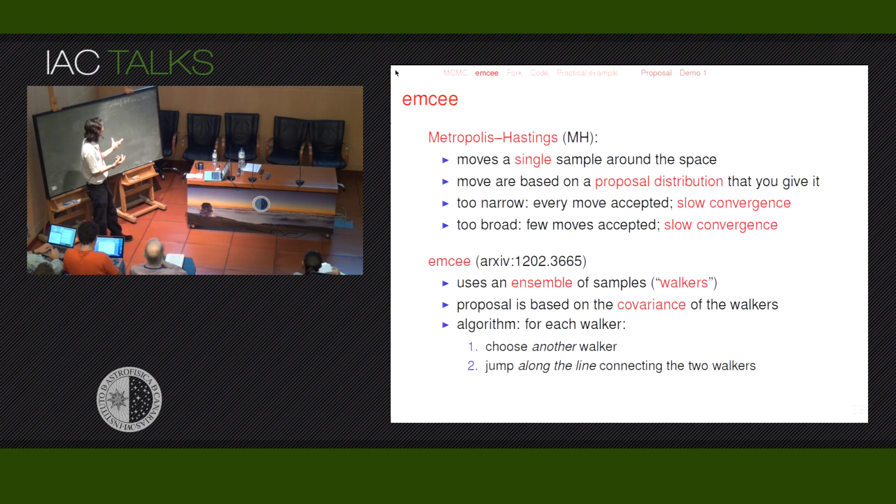So a classic example is if the proposal distribution is too narrow, then essentially most steps will be accepted, and then it just takes a long time to get anywhere to explore the entirety of the space.